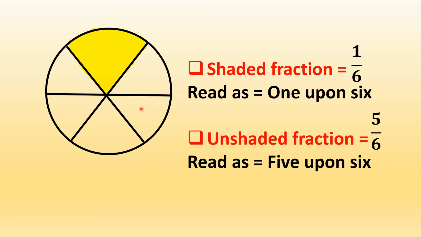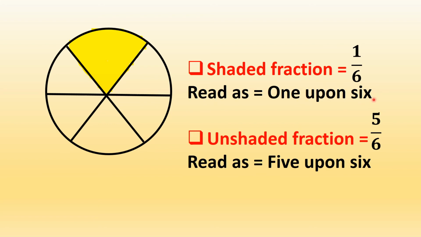Yes, the yellow colored part is 1. And the total fraction, meaning the whole, is 1, 2, 3, 4, 5, 6. Right, downside means 6 is the denominator and 1 is the numerator. So this number we will read as 1 upon 6.